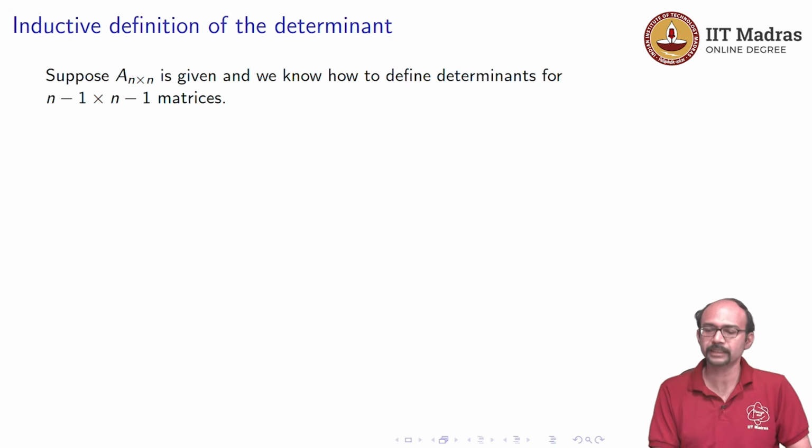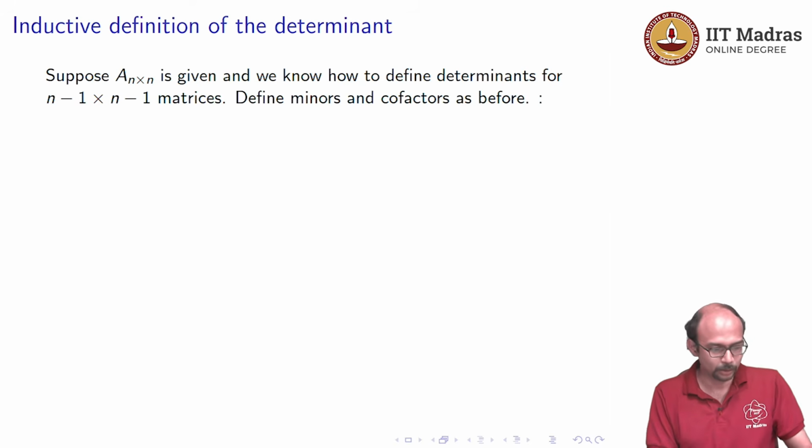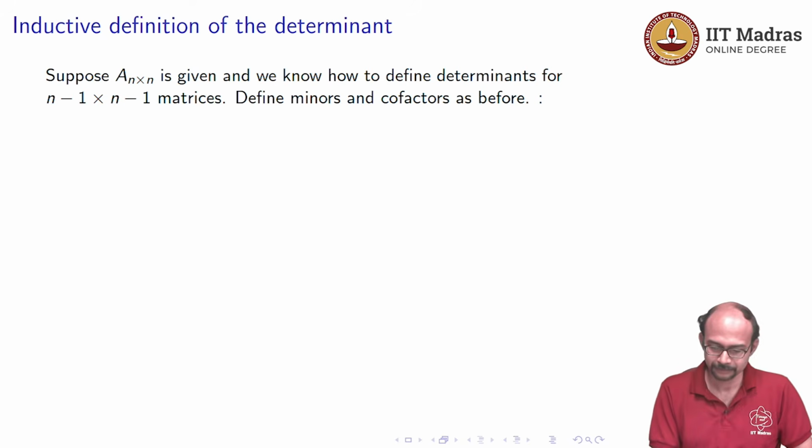So, here is the inductive definition of the determinant. Suppose you have a matrix of size n by n, and we know how to define determinants for n minus 1 by n minus 1 matrices. Then we will define minors and cofactors as before.